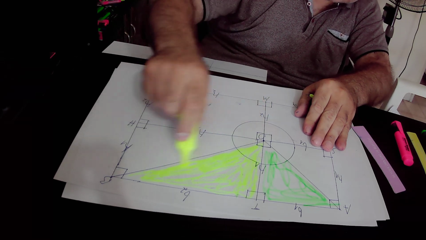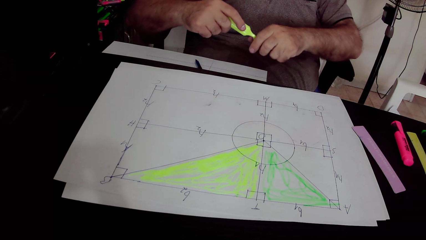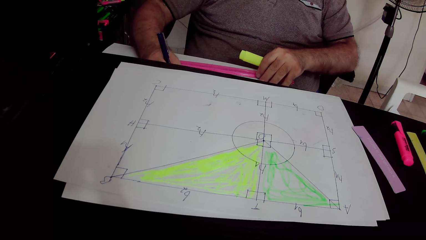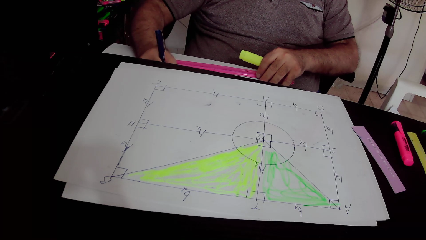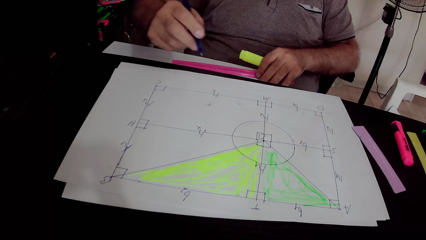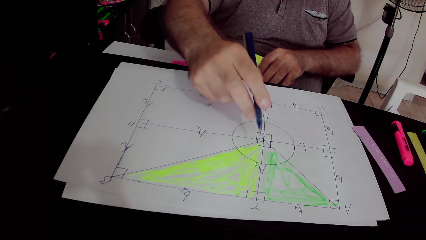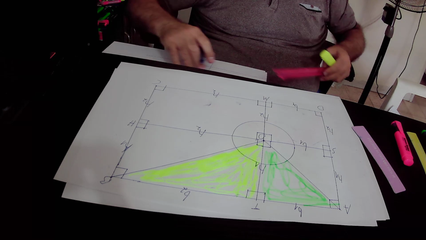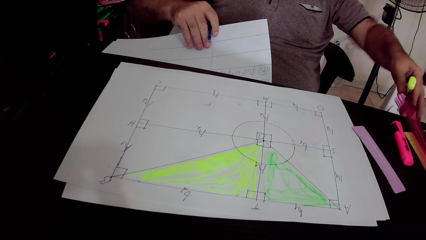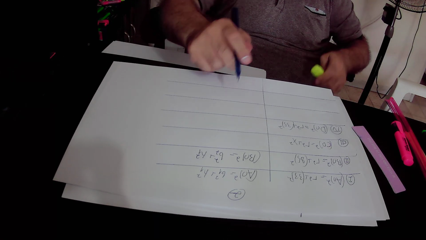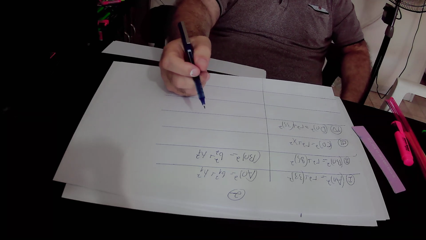According to the Pythagoras theorem, in the yellow right triangle, triangle OBT, BO square equals B2 square plus H1 square. I'll repeat again. In the yellow right triangle OTB, BO square equals B2 square plus H1 square.